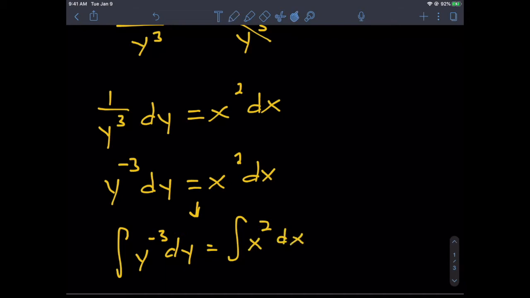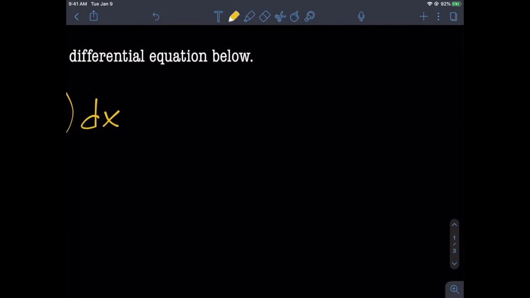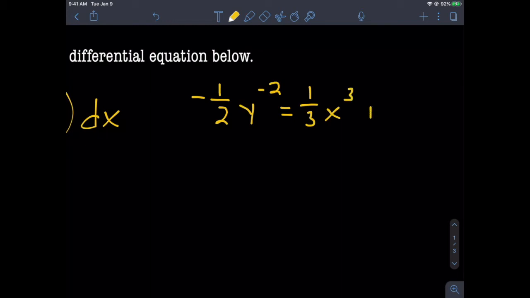Now let's show those calculus people what we're made of by taking the antiderivative. The antiderivative of y to the negative 3 is negative 1/2 y to the negative 2. And we'll set that equal to the antiderivative of x squared, which is 1/3 x to the third plus c. Remember, we only need plus c on one side here. The last step is to get y by itself, so we need to first move that negative 1/2 away.